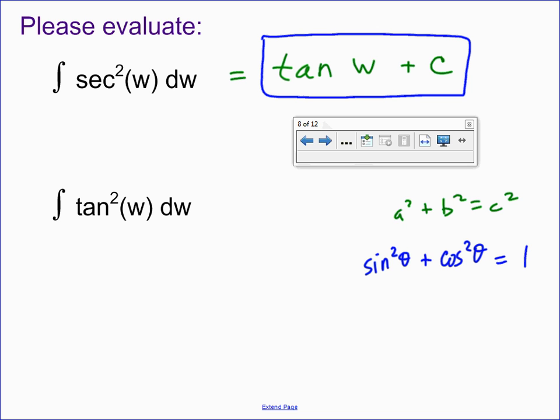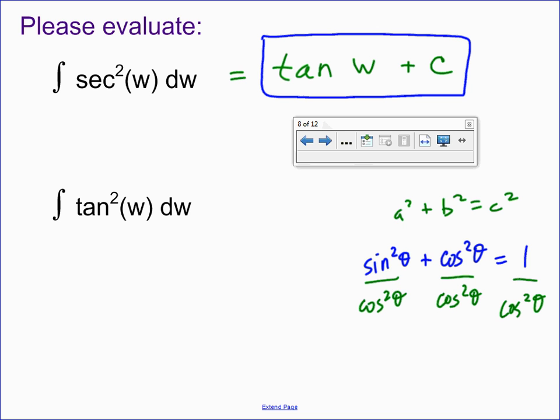From this, I can generate all the other forms. So I want the one that has tangent squared theta. And so what can I do to generate one that had tangent squared theta? Well, I could divide all of these terms by cosine squared theta, just so that I get a tangent squared out of this.